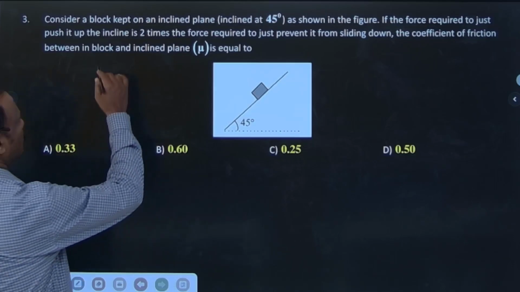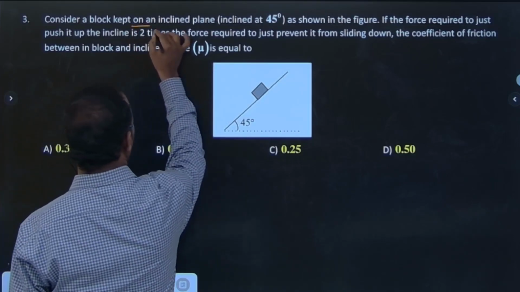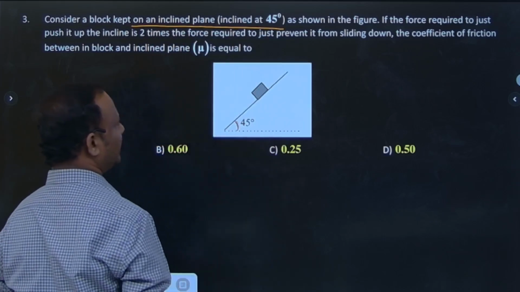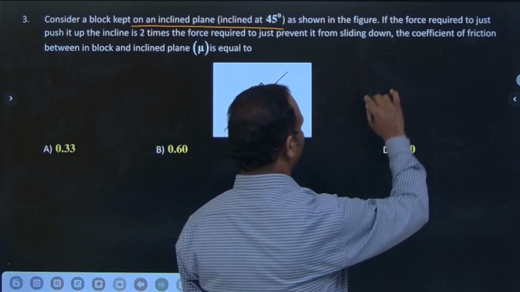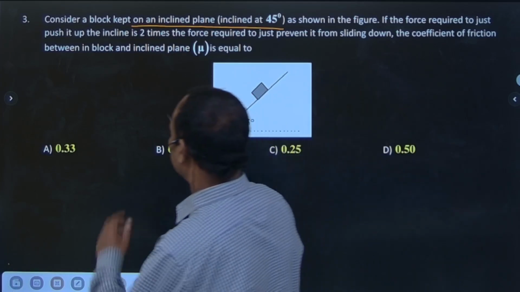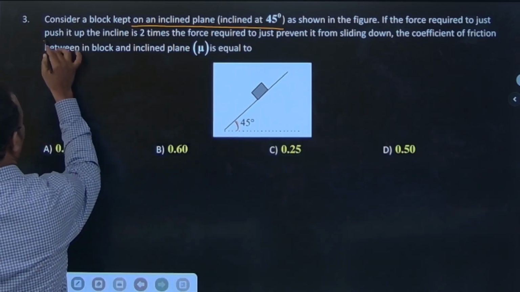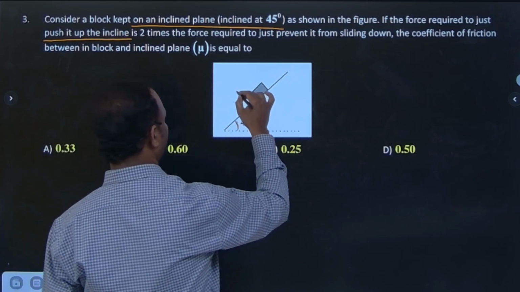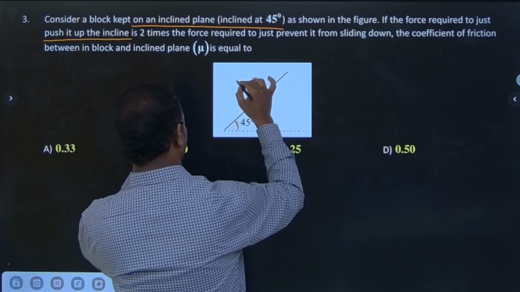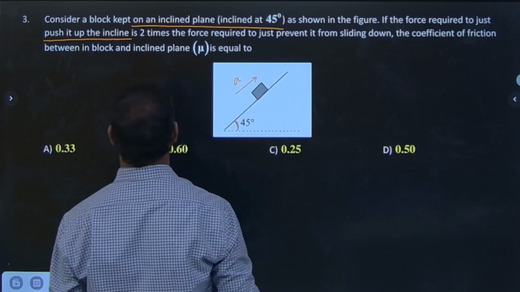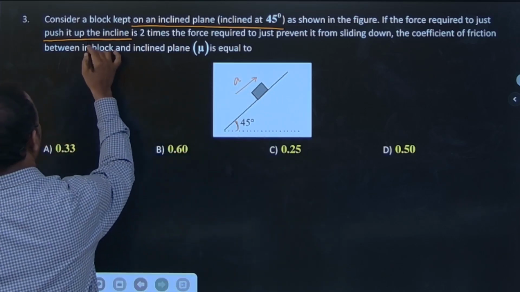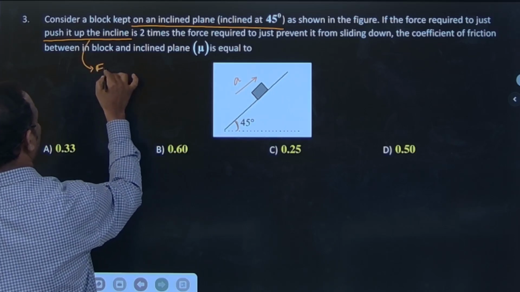Consider a block kept on an inclined plane of inclination theta. The angle of inclination is given as 45 degrees. The force required to push upward, when you want to push the block in the upward direction with an acceleration, let it be F1.